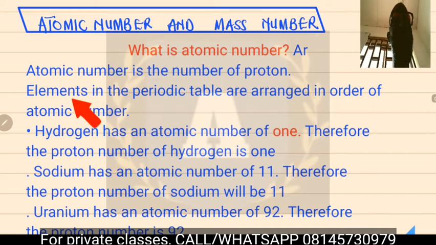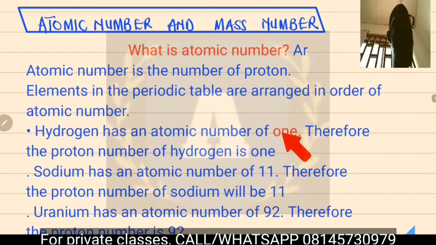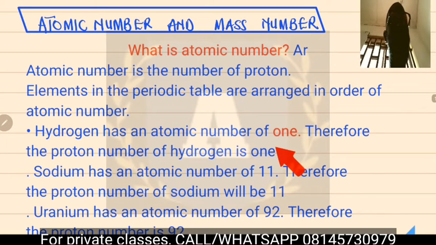Now also, elements in the periodic table are arranged in order of atomic number, in order of proton number. So atomic number and proton number are the same. For instance, hydrogen has an atomic number of 1, therefore the proton number of hydrogen is 1.